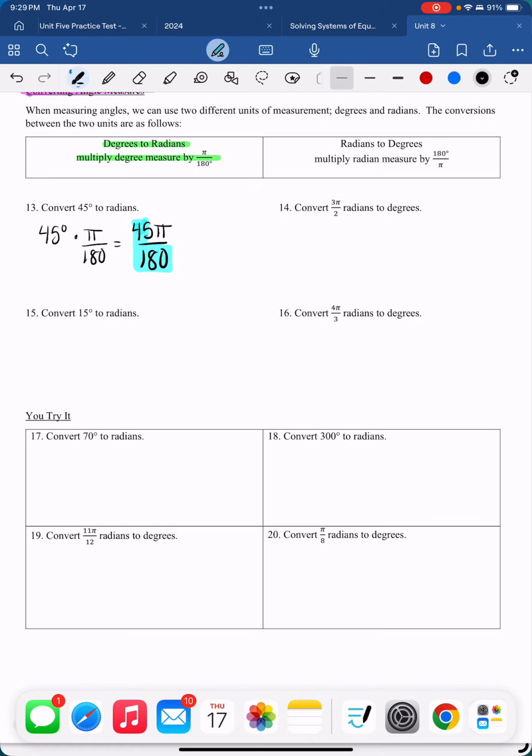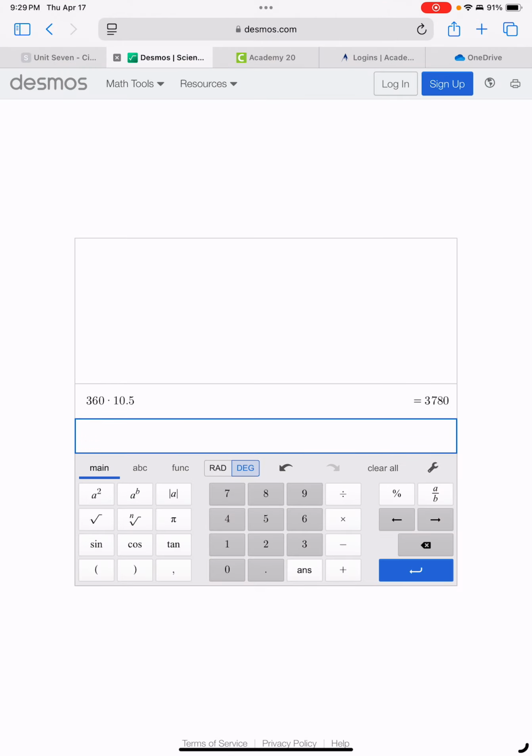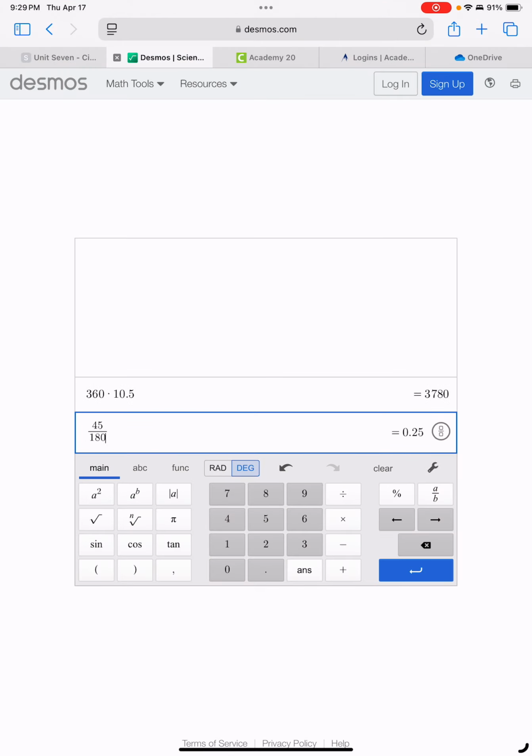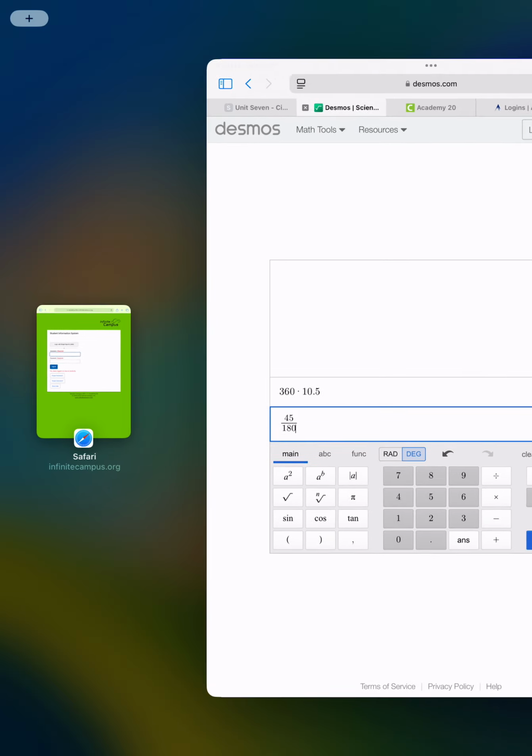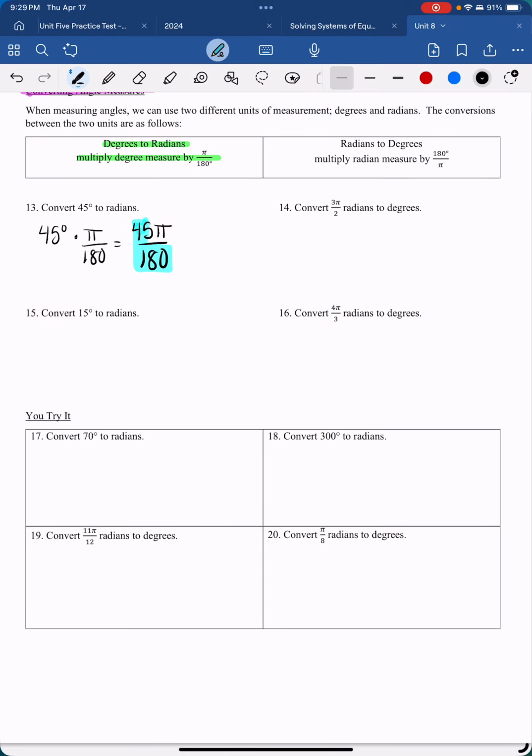On the calculator, 45 over 180 reduces to 1/4. So we end up getting 1/4 pi, or we could write that answer as pi over 4. So 45 degrees is equivalent to pi over 4 radians.